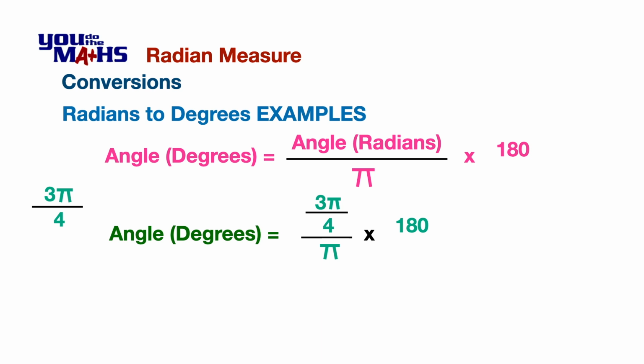Now we can take the 4, which is in the denominator of the top line of the fraction, down to the bottom and have 3 pi on 4 pi multiplied by 180. Now the pi's will cancel with each other. 4 goes into itself once and goes into 180 45 times. And when we multiply that out, we get 135 degrees.